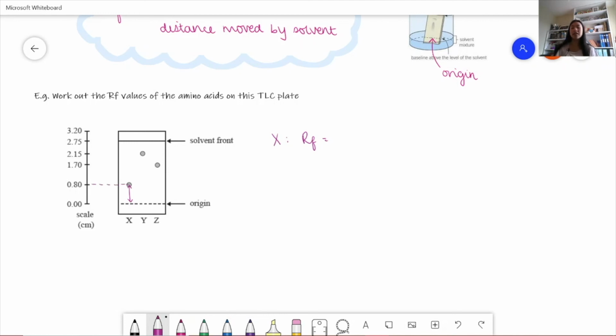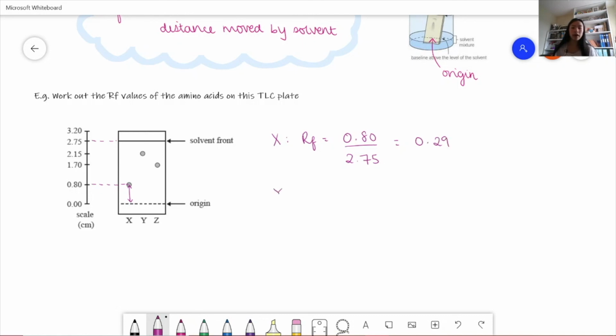And it doesn't matter what our units are because it's just a ratio. So as long as we use the same units for the distance moved by the spot and the distance moved by the solvent, we should be fine. And so the distance moved by the spot is 0.80. And then the distance moved by the solvent, so where the solvent front is, is this 2.75. So all of these RF values will be over 2.75. And this gives us 0.29.